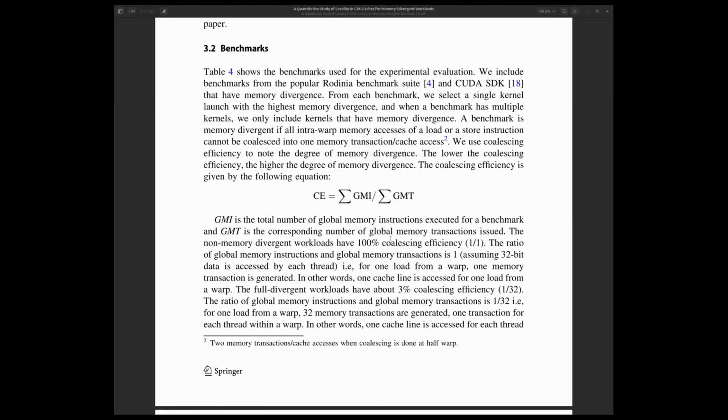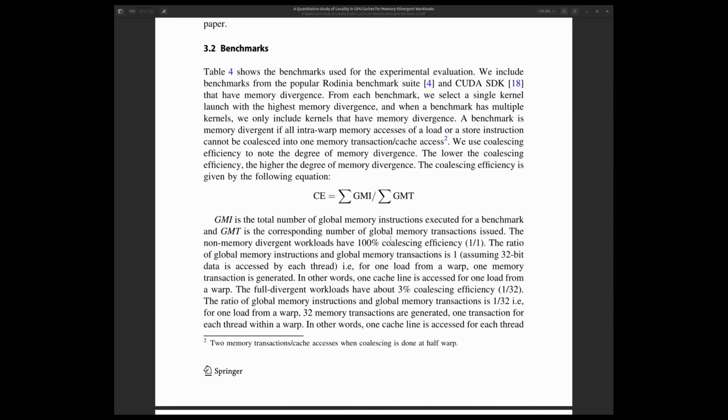What this essentially means is, for example, one warp has 32 threads, and each of these threads is running its own instruction. So you have 32 instructions per warp.